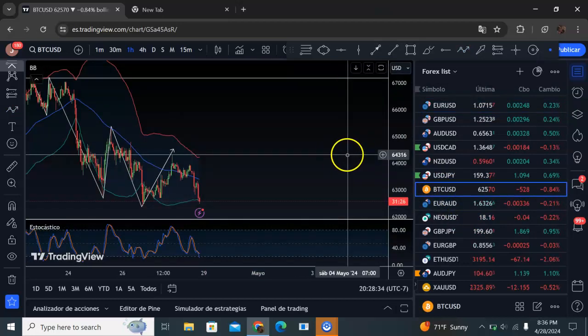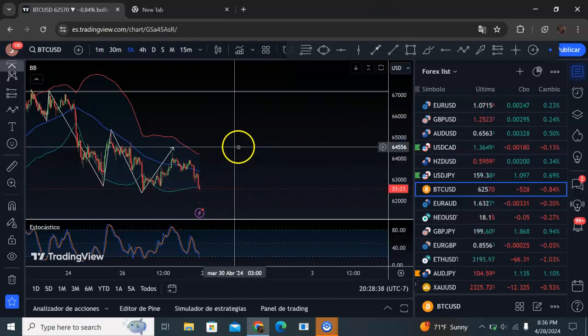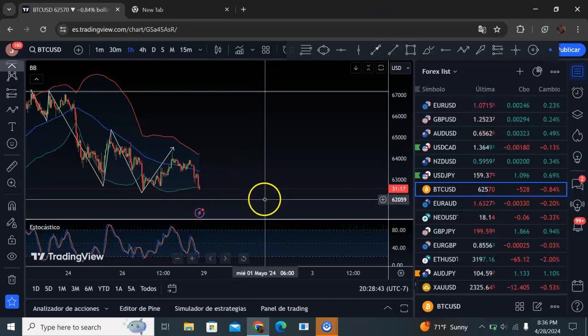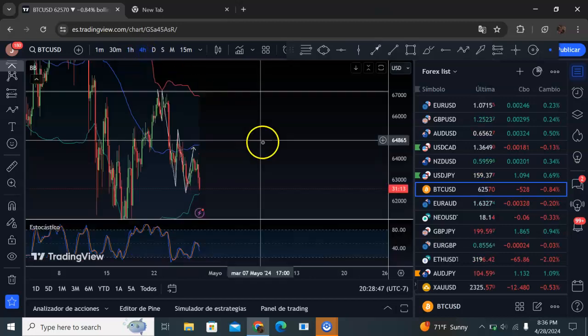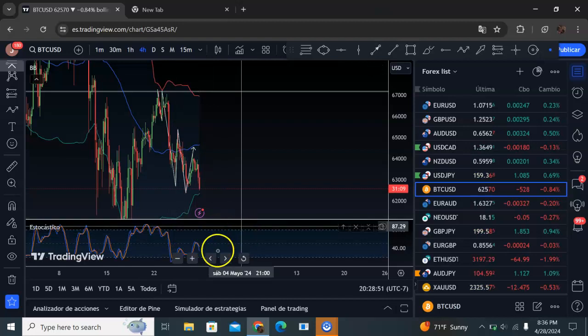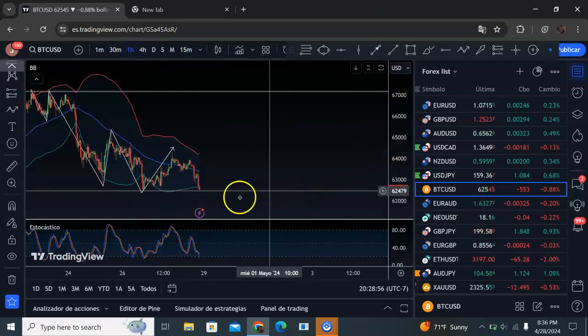Let's do the same with Bitcoin. So we're waiting for the same thing right here. Although in the 4 hours we already have a divergence right there, I like to see it breaking below.